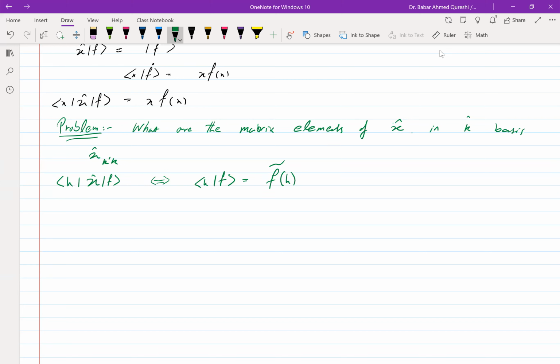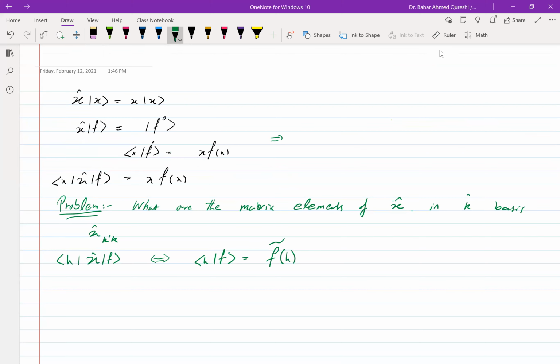This will tell us, because we can always work in the components, how this operator looks in that basis. So based on this, we can say in x basis, x hat is just multiplication by x variable.